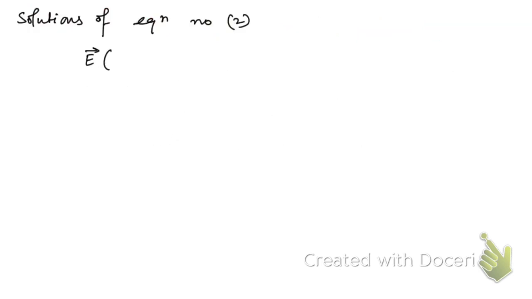Then we can consider E(x, t) to be E naught e to the power i(kx minus omega t). Or we can take the i common and write it this way as well. Here, k is the propagation constant.